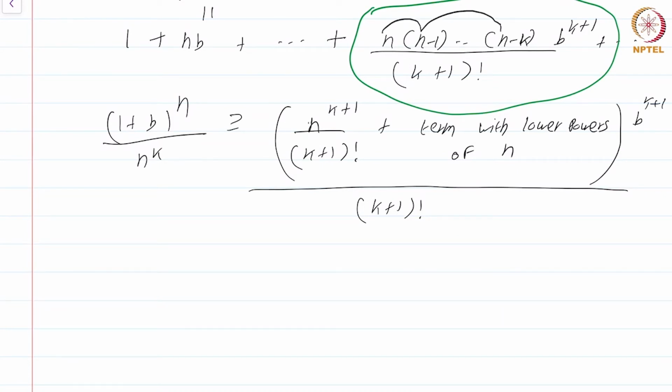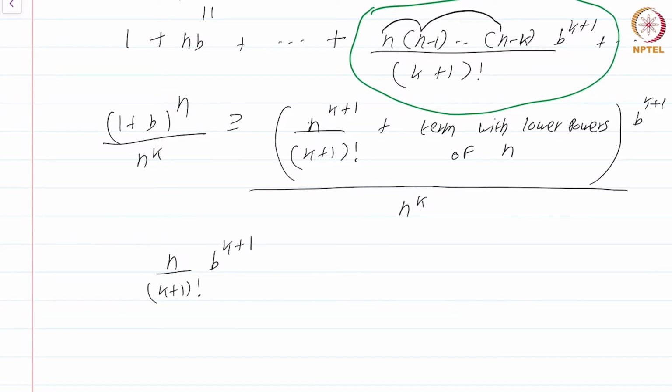There are k plus 1 of them, and then, sorry, I made a mistake here. This is n power k. Okay, so when you do this division, it's easy to see that what you will be left with is n by k plus 1 factorial into b power k plus 1.